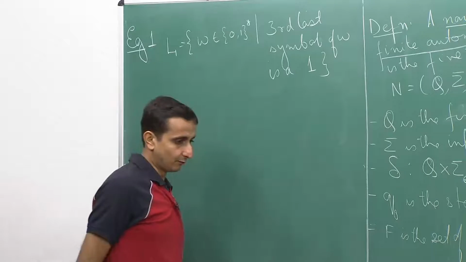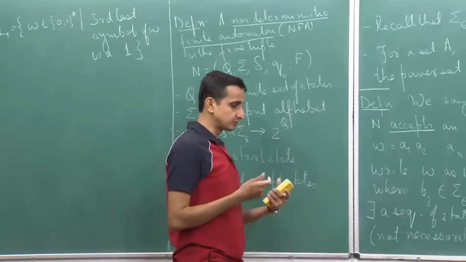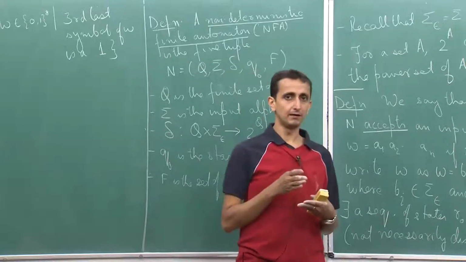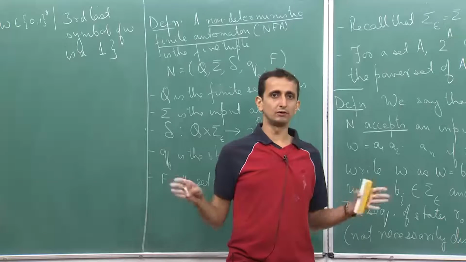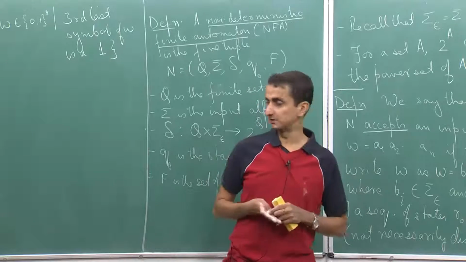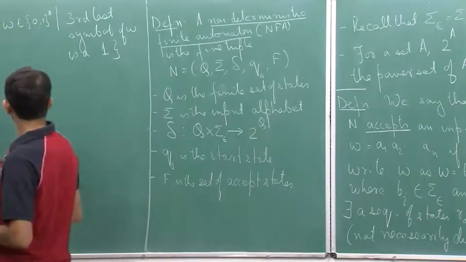So I want to look at all those strings whose third last symbol must be a 1. I do not care about the last two symbols, nor do I care about the first n minus 3 symbols.